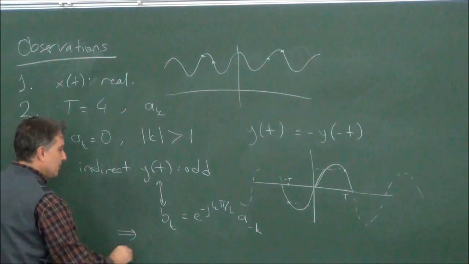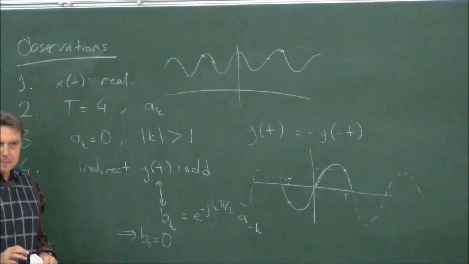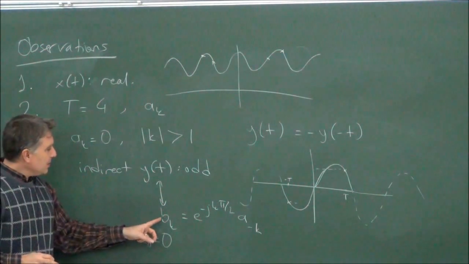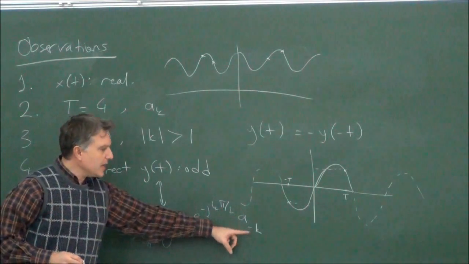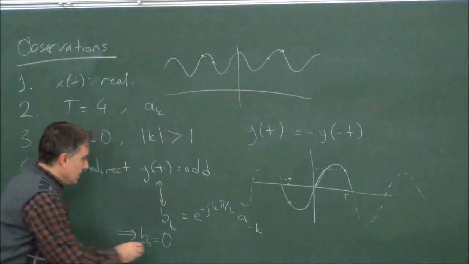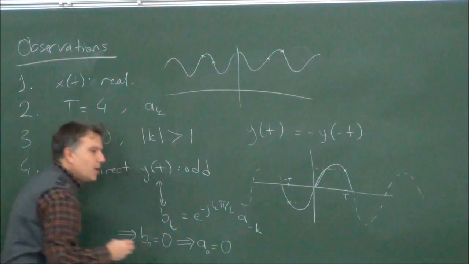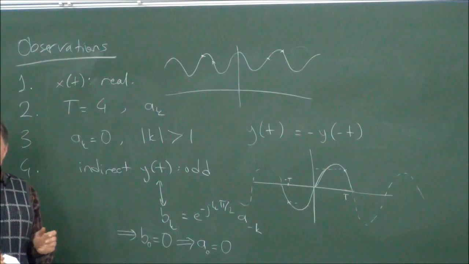Which says that B0 is equal to 0 immediately. And notice this equation. If B0 is 0, then it is a complex exponential times A0, which means A0 is also 0. In other words, our x of t that we are looking for has no DC.